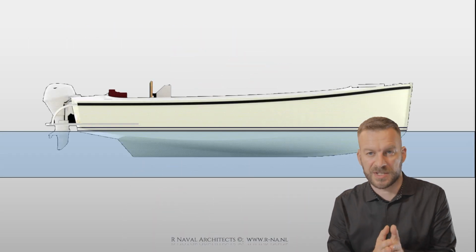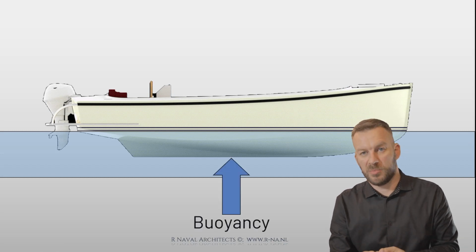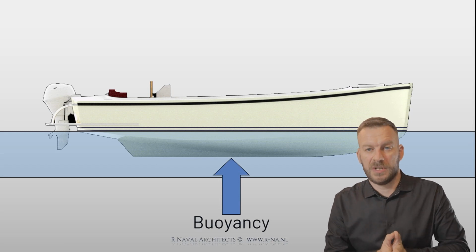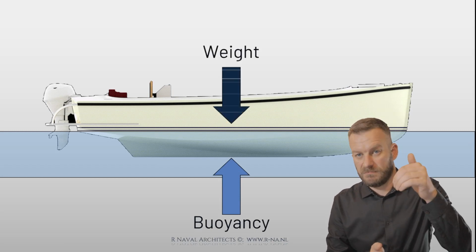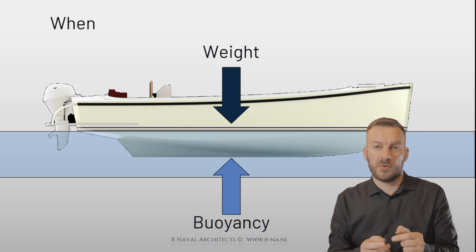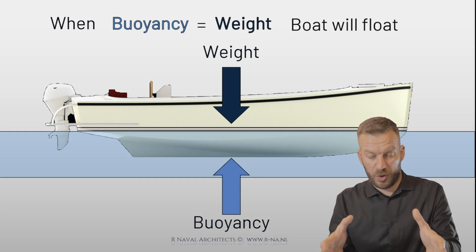Every boat, every ship, every object floating in the water has at least 2 forces acting upon it. One is buoyancy, which provides the floating force, and the other one is weight, which is trying to sink the object, boat or ship. Those 2 forces need to be in equilibrium, and when they are in equilibrium, the object floats.